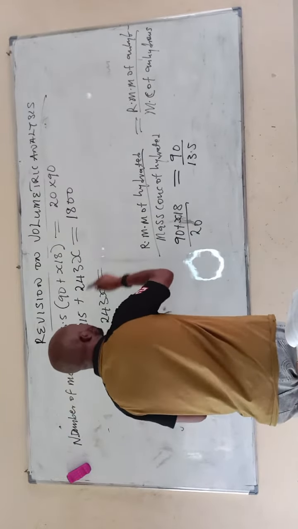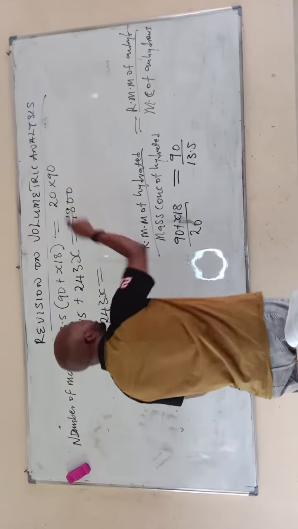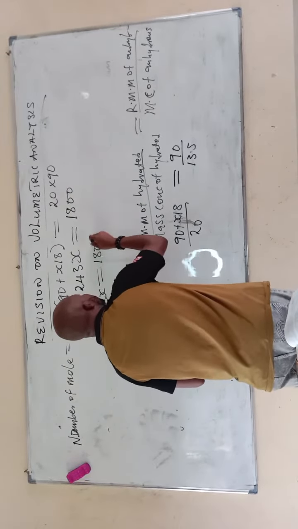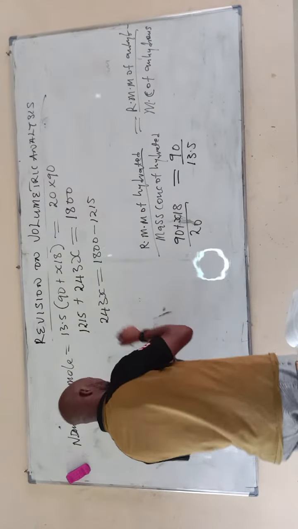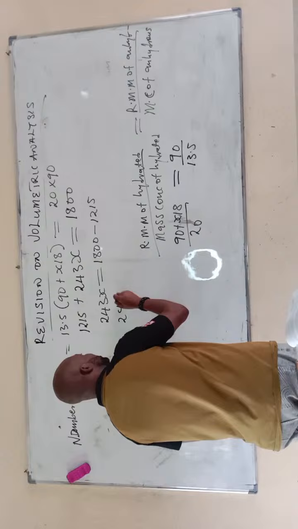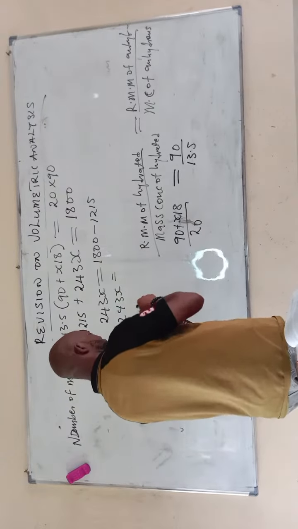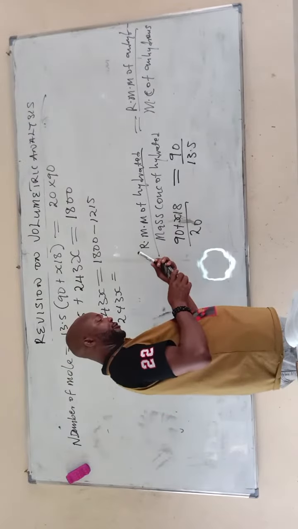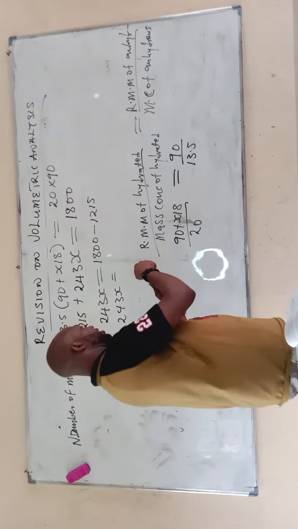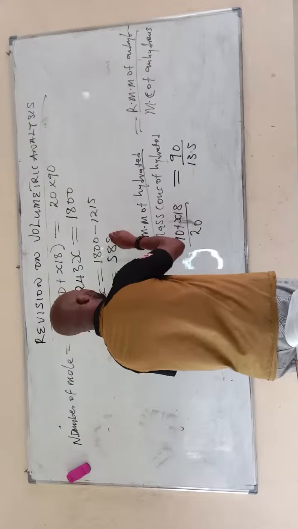243x is equal to, I take this across the equality sign, which is 1800 minus 1215. 1215 from 1800 is 585.